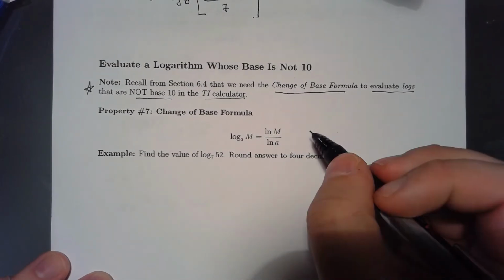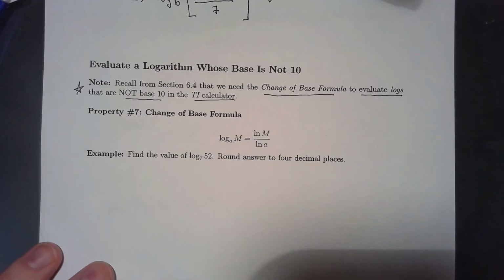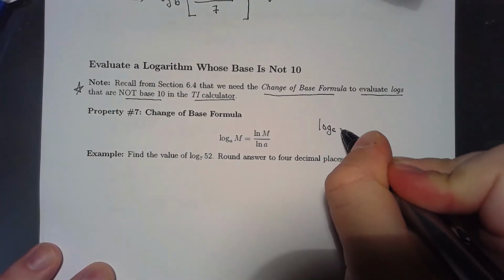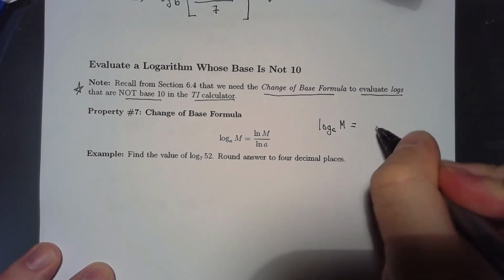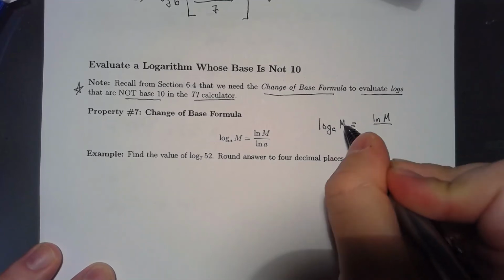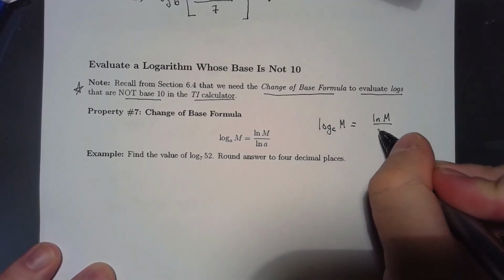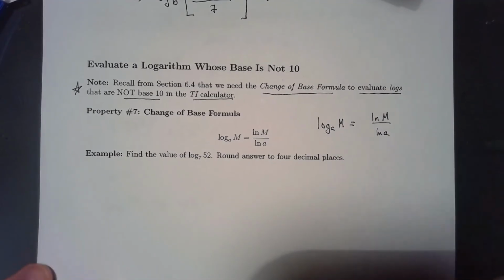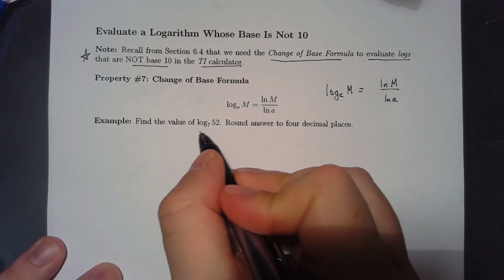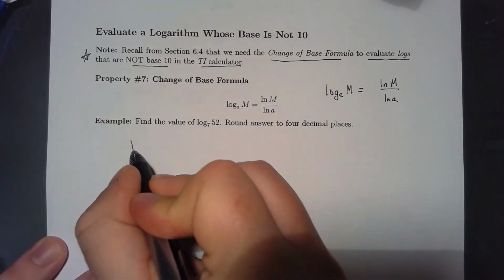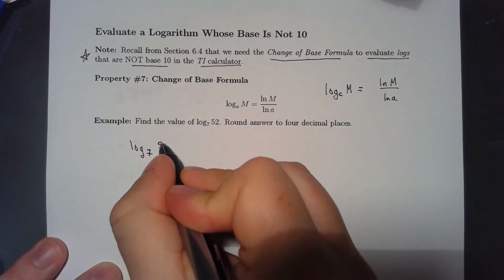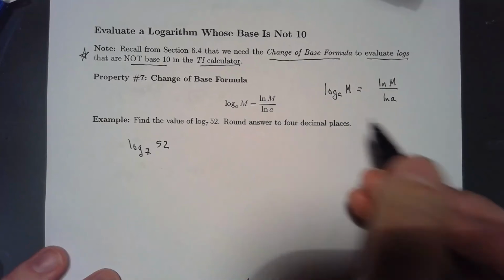All right? That's it. If I have a log of any base of a term, I could just write this as ln of m over ln of a. That's all you need to do. So for example, find the value of log base 7 of 52. Round your answer to 4 decimal places.